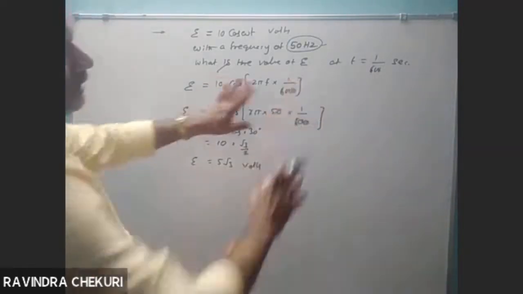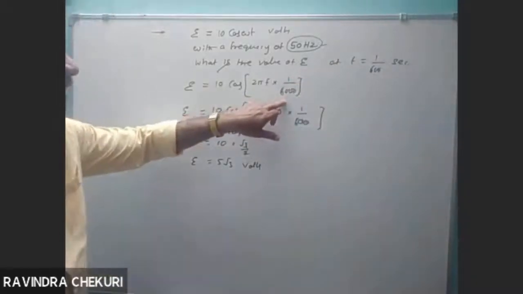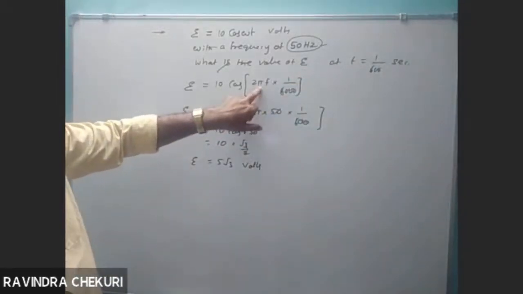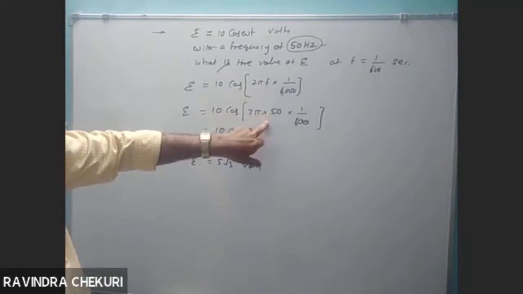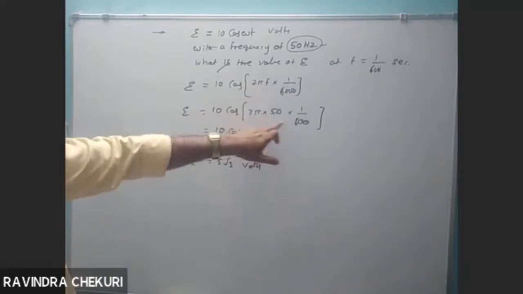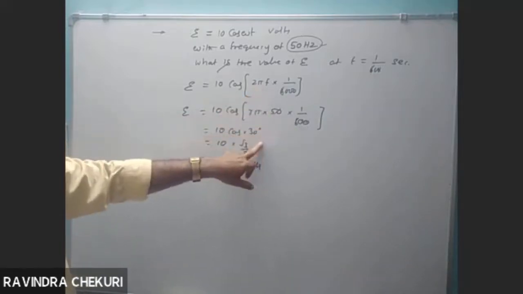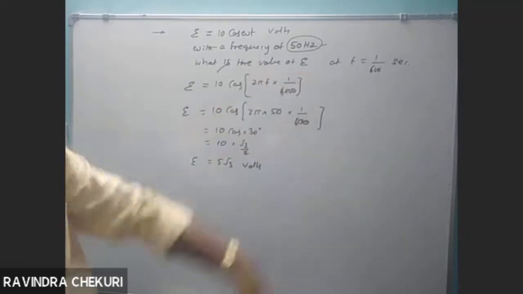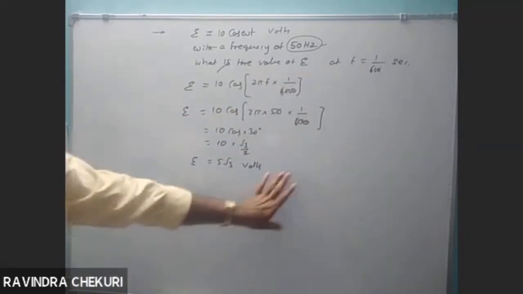For unknown values, if it is 1 by 1000, we get pi by 10. So we get a different value, and if our option is pi by 10, that is the answer.